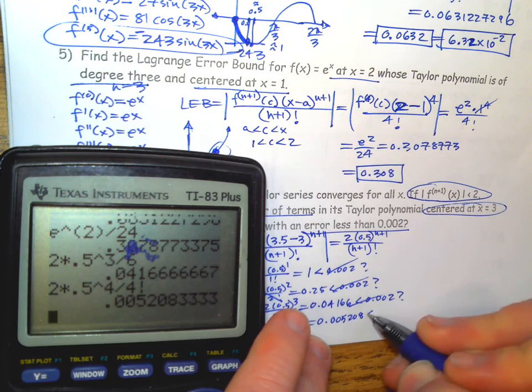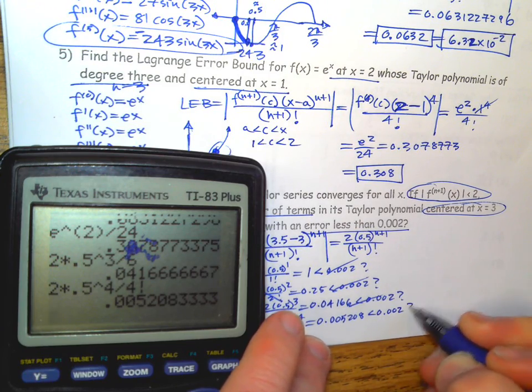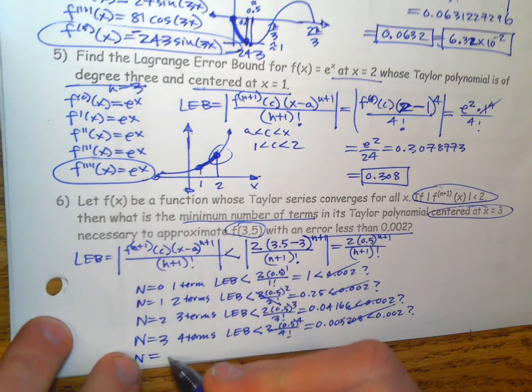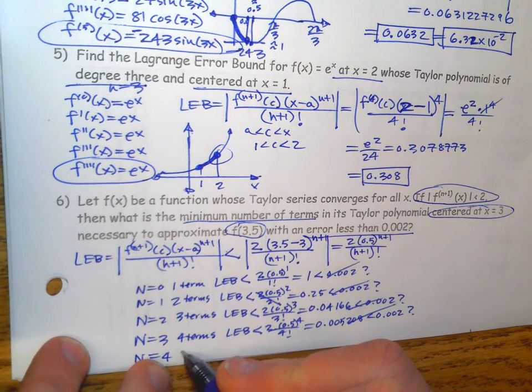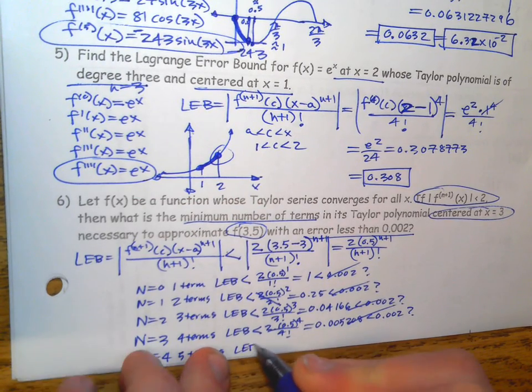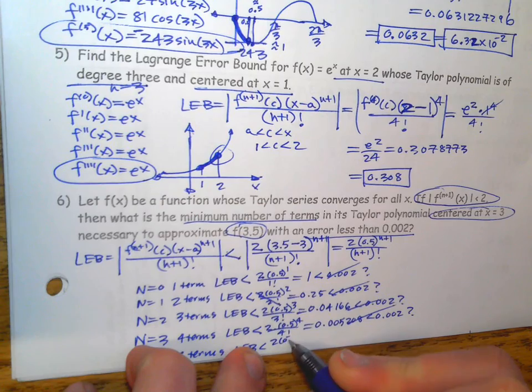Is that less than 0.002? No. I bet it's the next one, because we usually gain a whole digit every time. N equals 4, which is 5 terms. L.E.B is less than 2 times 0.5 to the 5th power over 5 factorial.